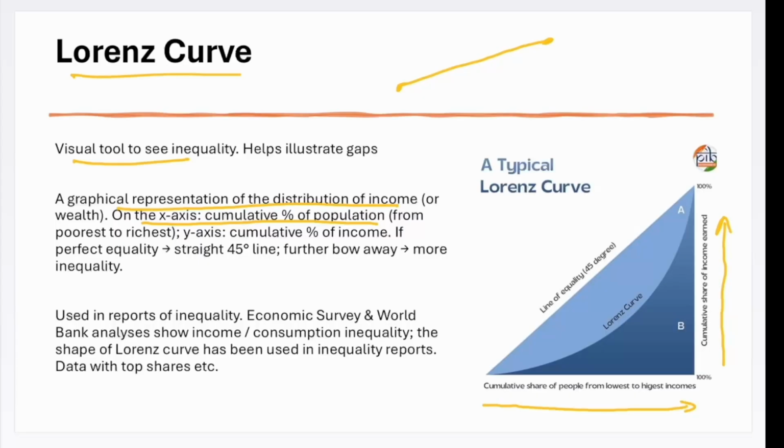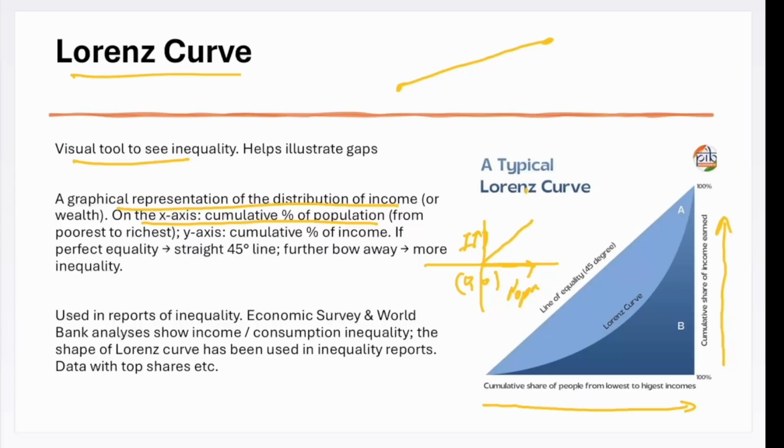So we are starting somewhere like this with 0, 0. As we go this way, we are increasing the population covered, and as we go up, we are covering the income aspect. Now the ideal scenario is that as more population is covered, more income is taken care of.